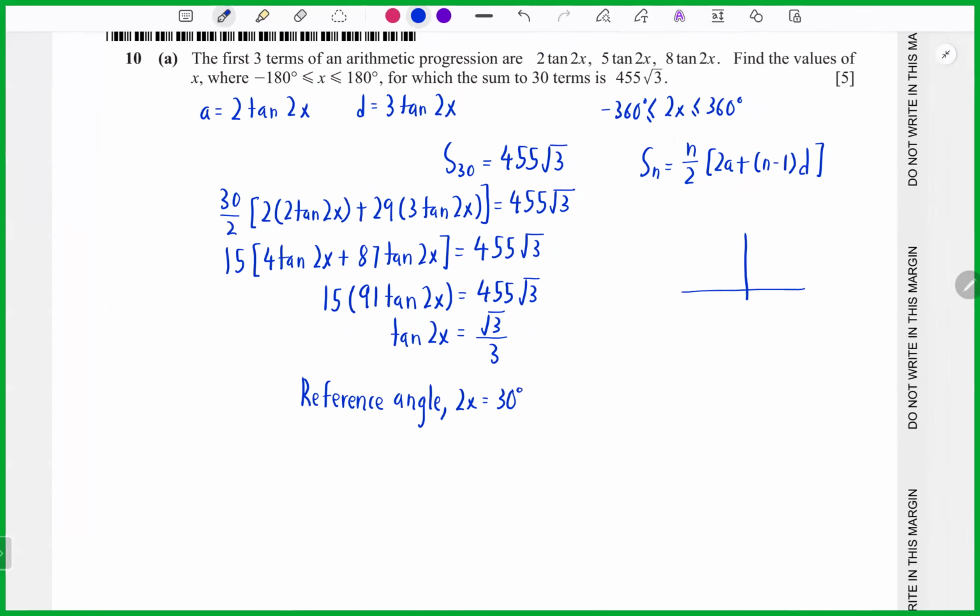So now we can try to find the positive tangent angles, in the first quadrant and third quadrant. Now we try to look at negative 360 first. This is your reference angle.